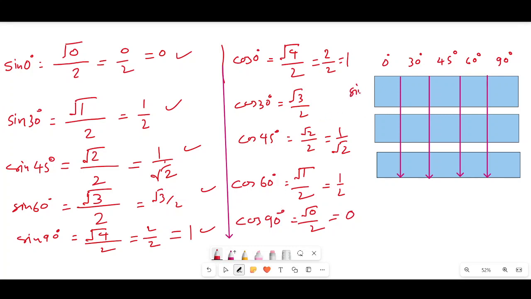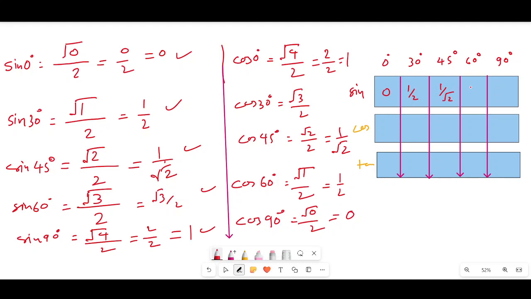This is a table of sine, this is a table of cos, and this is a table of tan. Now what is the value of sine 0? This is 0. Clear? Sine 30, 1 by 2. Sine 45, 1 by root 2.